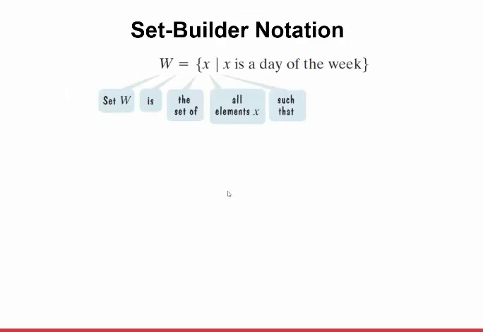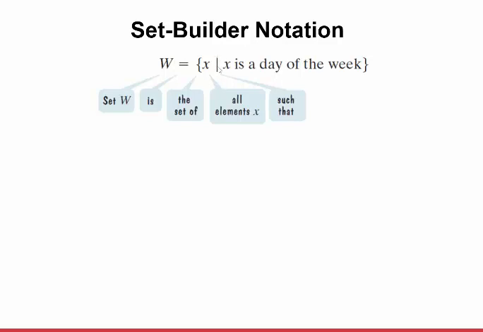We also have something called set builder notation. It looks a little weird. Remember our first one, W, the set of the days of the week. To use set builder notation, you define the set, call it a letter, so set W is equal to, and this notation tells us it's the set of all elements x, using the variable x, such that.